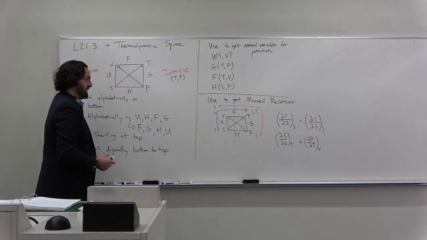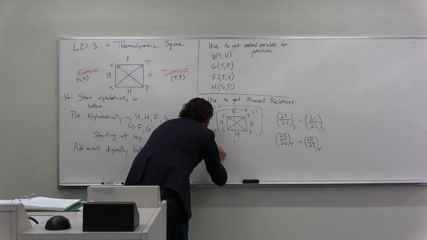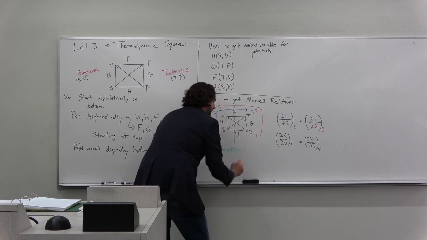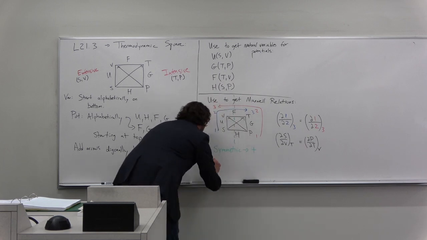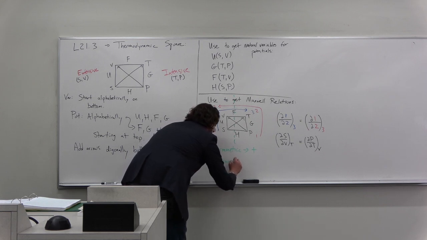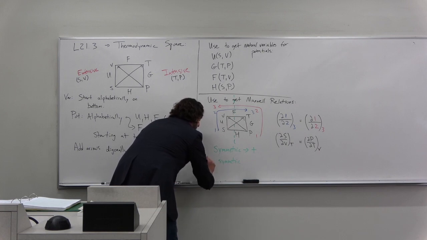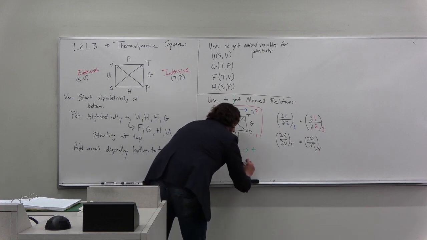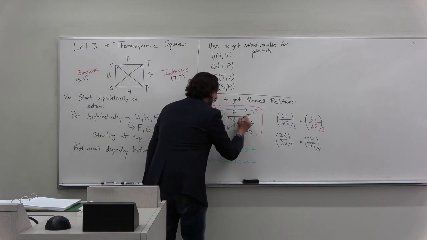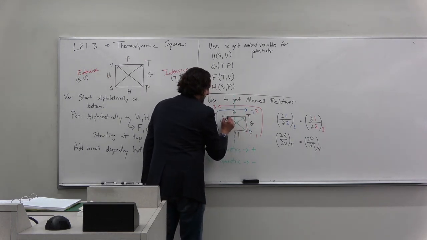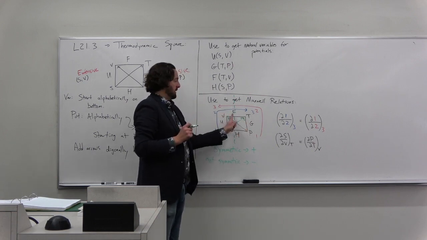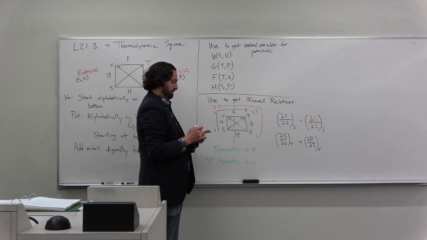And if it's symmetric, then it's positive, and if it's anti-symmetric or not symmetric, it's negative. What I mean is symmetric around my arrows, right? So my arrows both point up here, right?